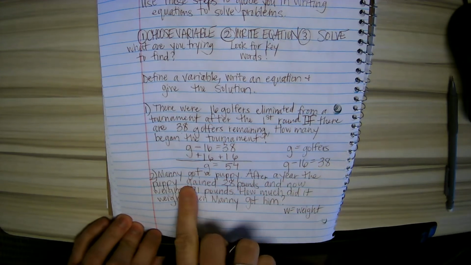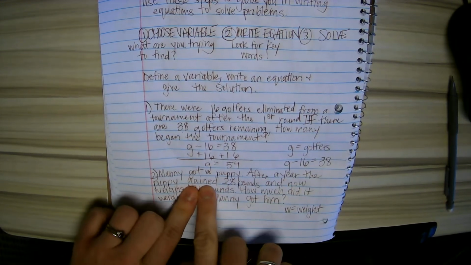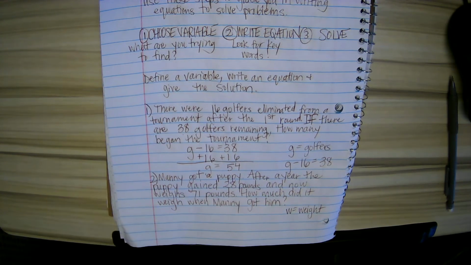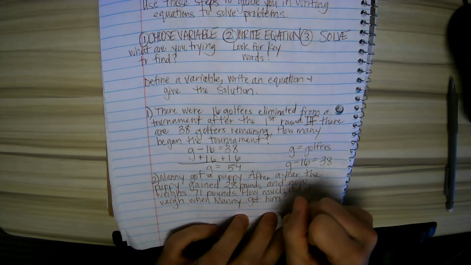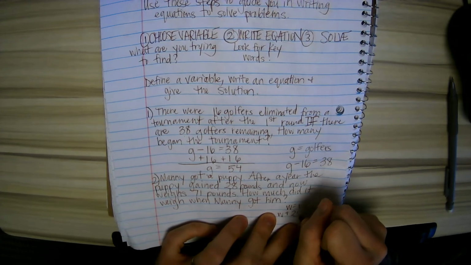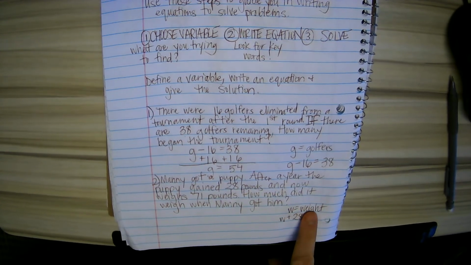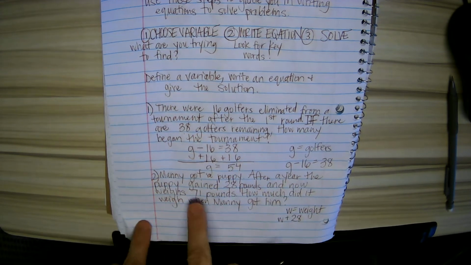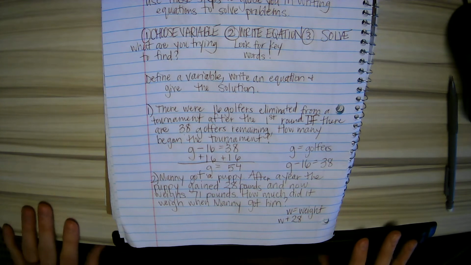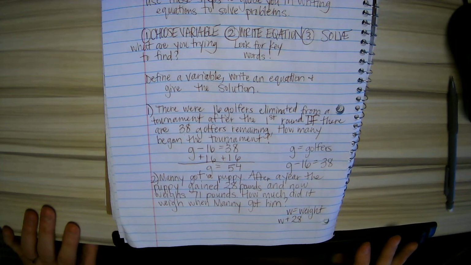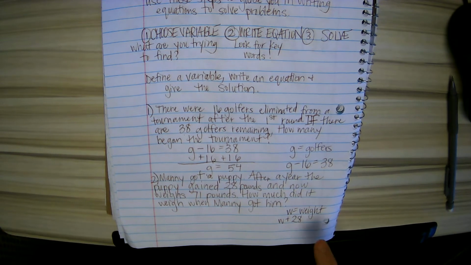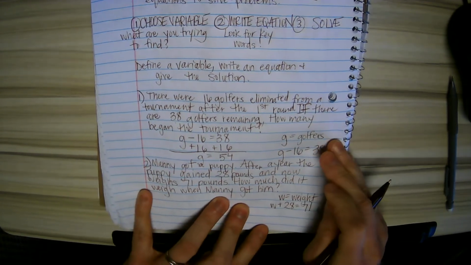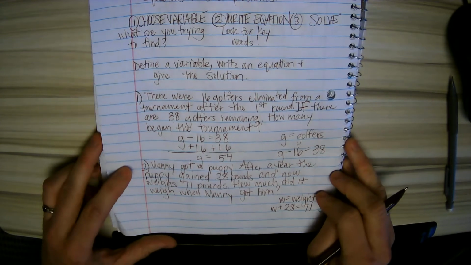So after a year, the puppy gained. So what's being done? 28 pounds is being subtracted, or 28 pounds is being added? 28 pounds is being added. Good. So we're going to say the weight, initial, what we want to know, plus the 28. And now he weighs 71 pounds. So what am I going to set this equal to? 71 pounds. All right, now we need to solve.